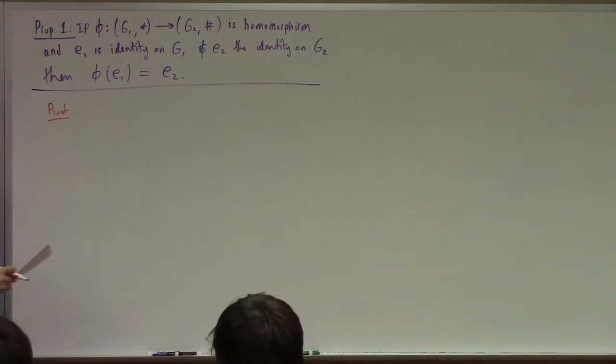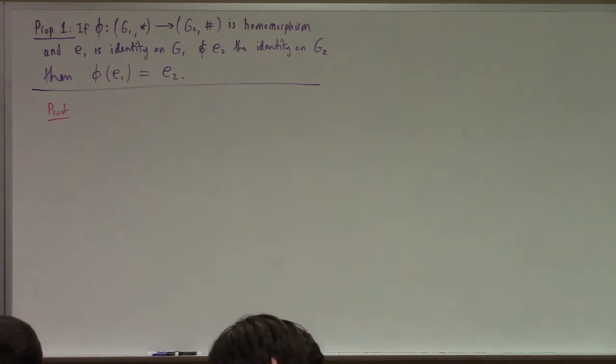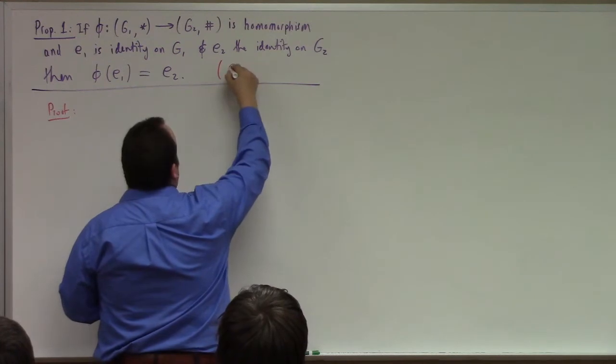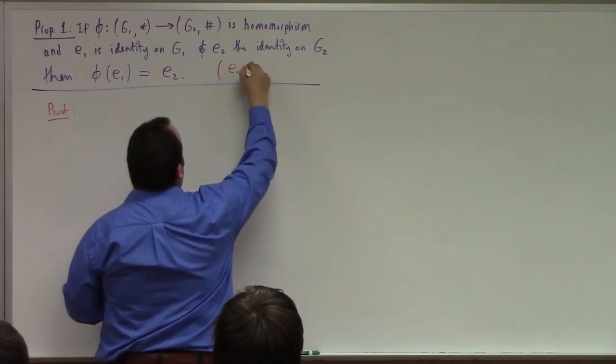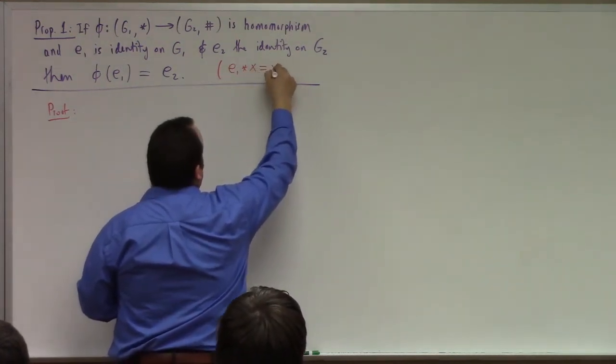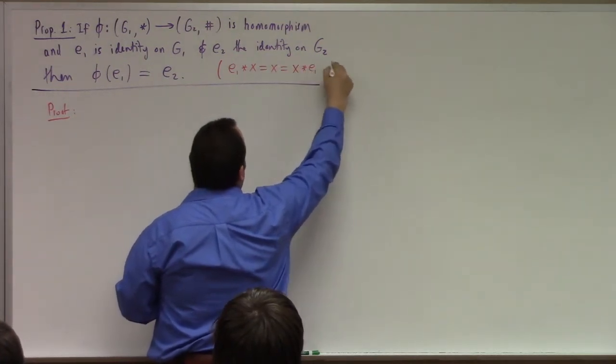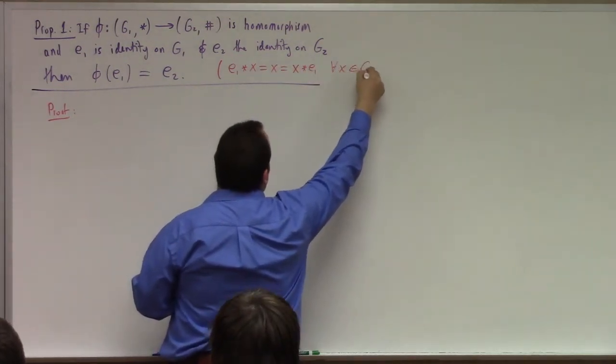Any questions before I get into the proof? What does it mean, by the way, to have E1 the identity? It means that E1 star x is equal to x is equal to x star E1, for all x in G1.